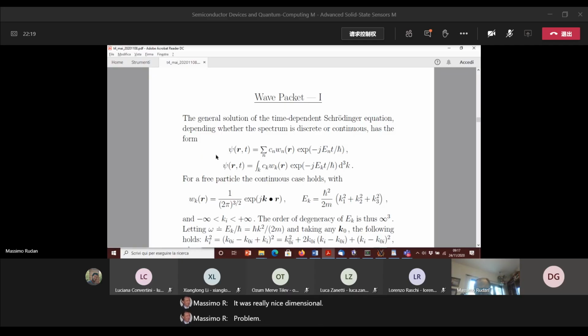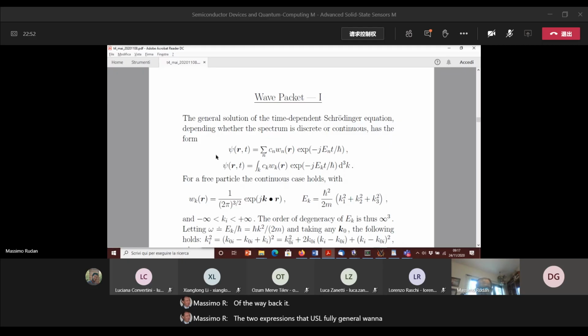You remember that there could be a third possibility, that is a mixed spectrum. We shall never use this case, but keep in mind that it could exist. Now we want to see how it is possible to provide an approximate description of the wave packet. The two expressions that you see are fully general.